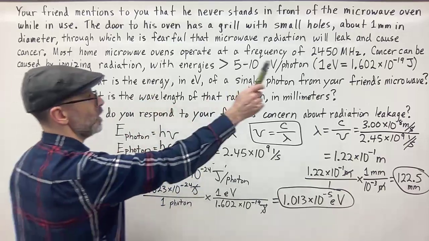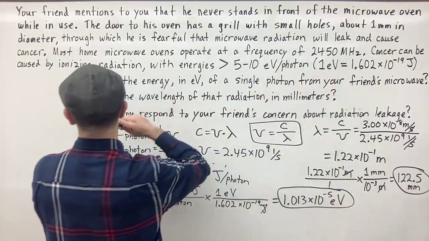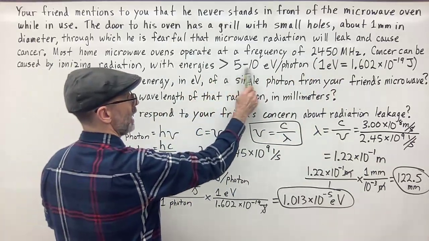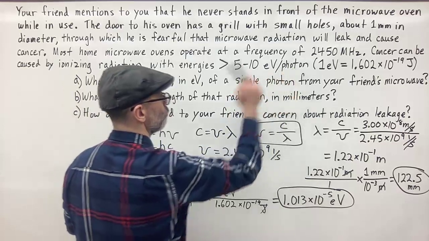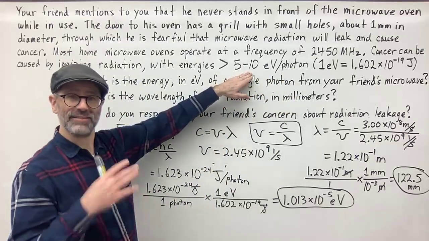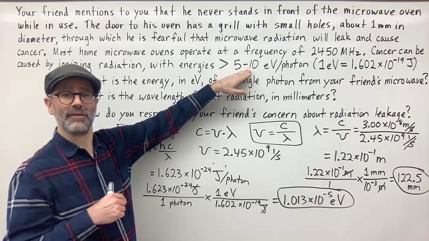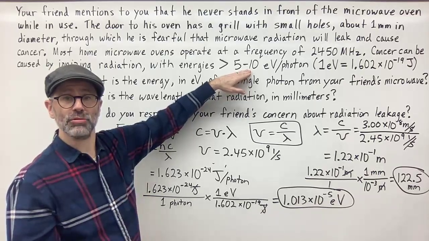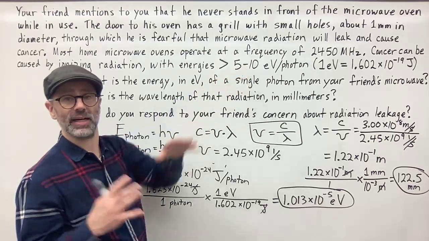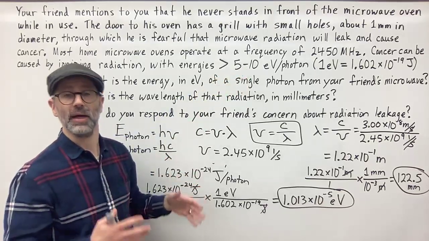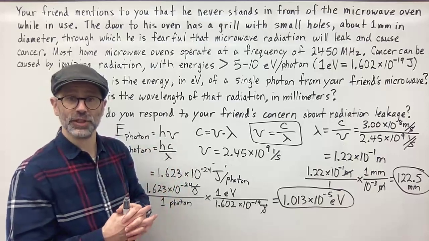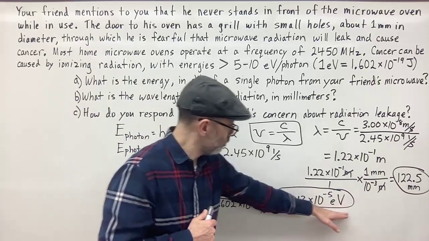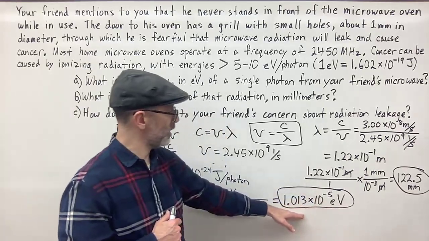So it says here, the radiation that causes cancer is going to be greater than between 5 and 10 electron volts per photon. So that's 5 to 10 electron volts. So if you have radiation coming upon you that is greater than 5 to 10 electron volts per photon, then that would be a cause for concern for cancer.